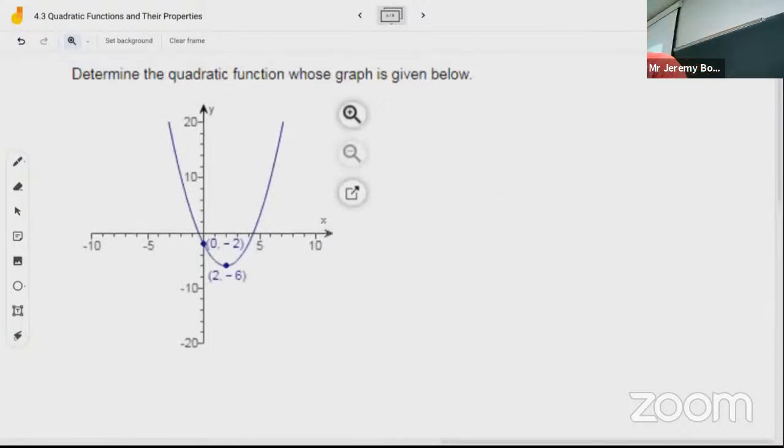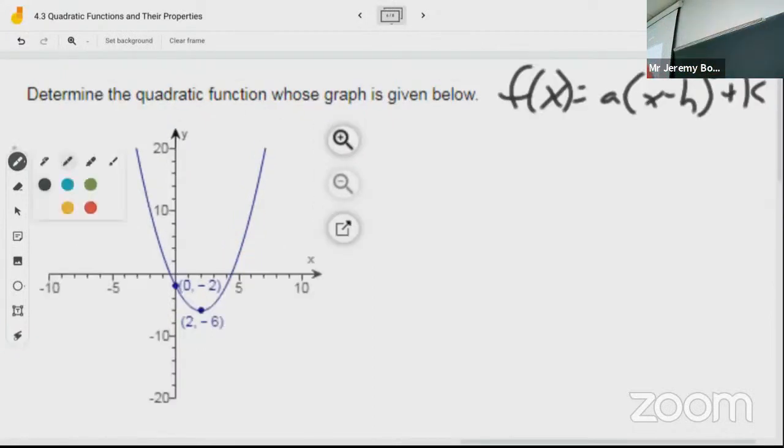So this is how the homework's going to be, I think, as far as I saw. They're going to give you a graph, and they're going to want you to find the quadratic function's equation. But the graph does contain the vertex and another point. This one is also the y-intercept, it looks like. So give this one a shot. Once again, they give us the vertex.